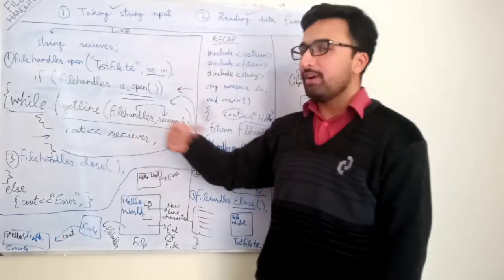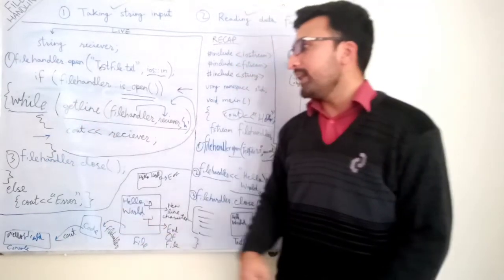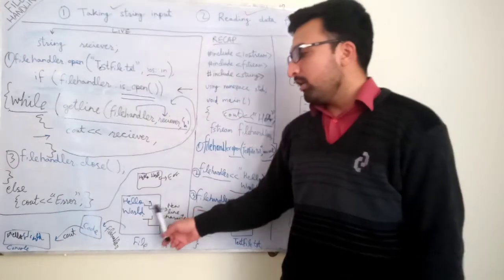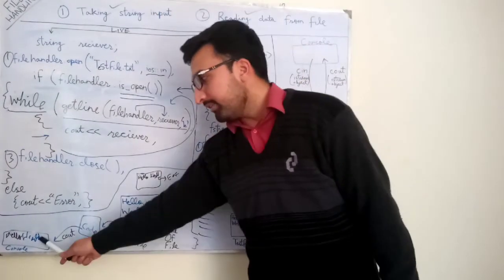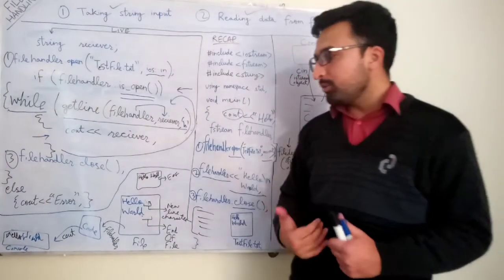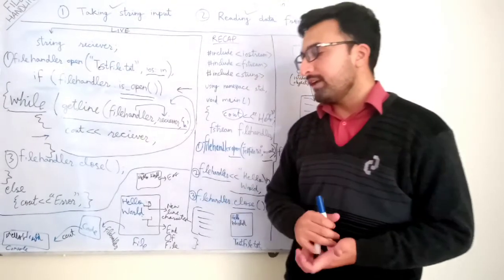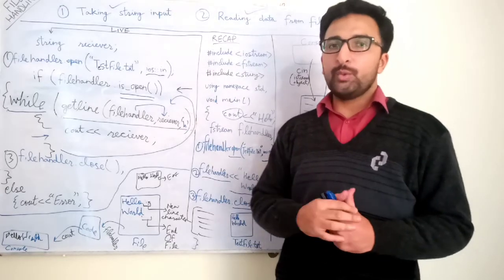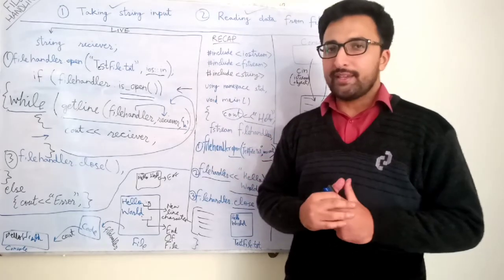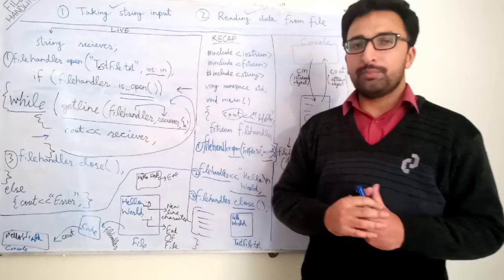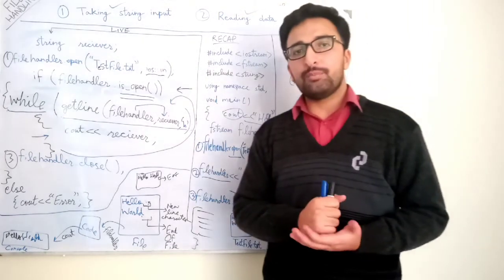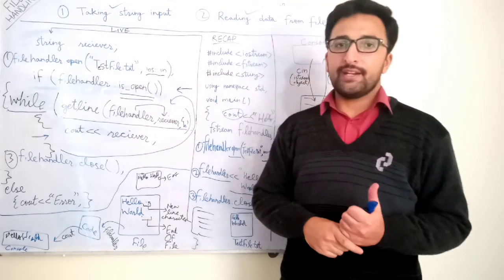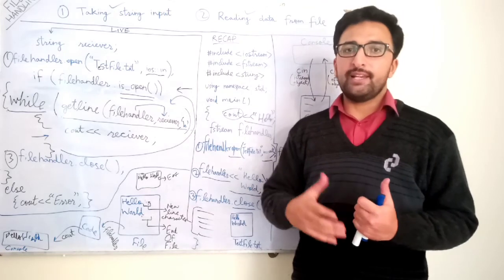So we found a way, by employing a loop, that reads all the data from the file onto the console. To read the data exactly in the same manner, it will need a bit of tweaking, and you should try that on your own. So that's pretty much it for today. We studied how we can take input from the file into our program.